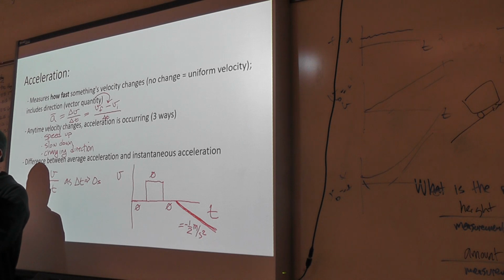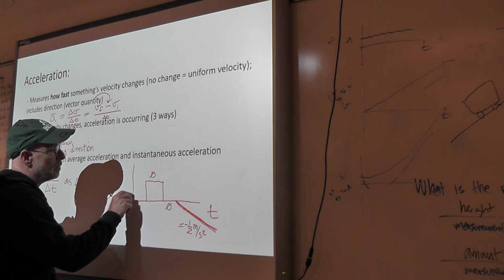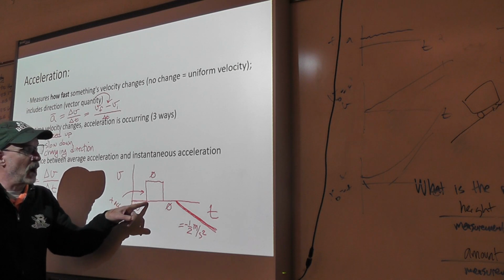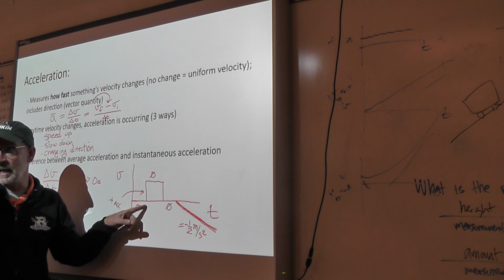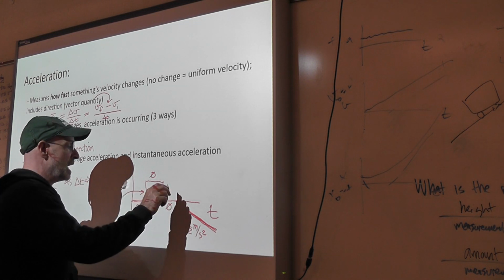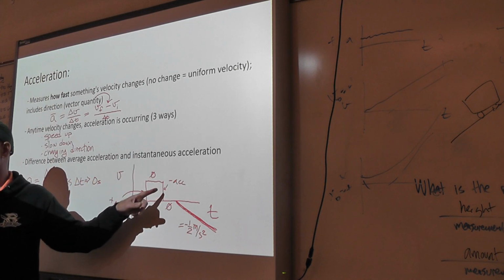If you had been able to do this exactly as it was described, which no one could, then you would have had incredibly rapid positive acceleration right at 1 second, and you would have had incredibly rapid negative acceleration right at 2 seconds.